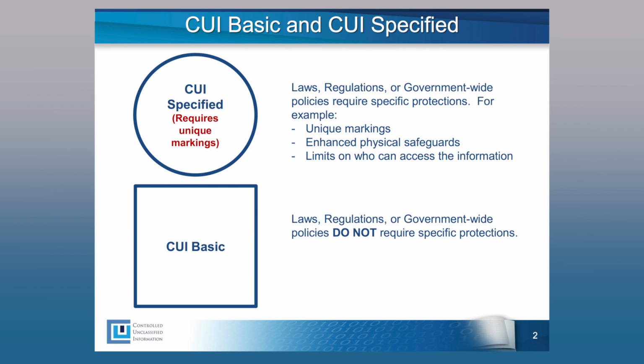CUI Specified, on the other hand, refers to any category of CUI which a law, regulation, or government-wide policy says must be protected, and indicates specific handling, marking, or sharing requirements to ensure adequate protection. To find out which CUI is CUI Basic and which is CUI Specified, you can go to the CUI registry. In most respects, CUI Specified and CUI Basic are marked in the same way. However, there are several differences, which I'll identify.